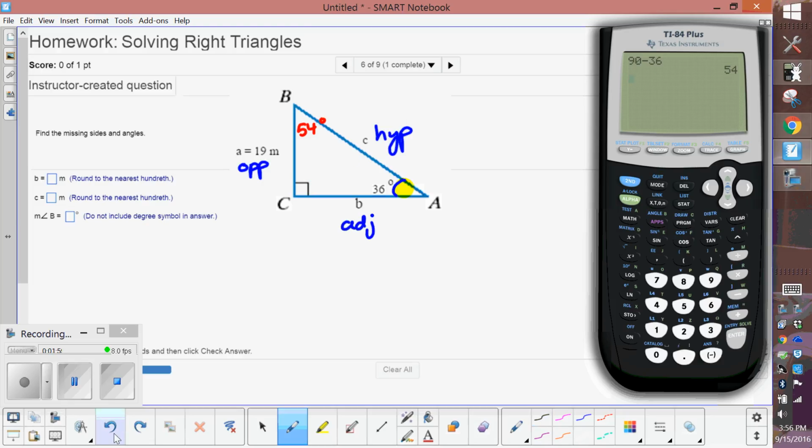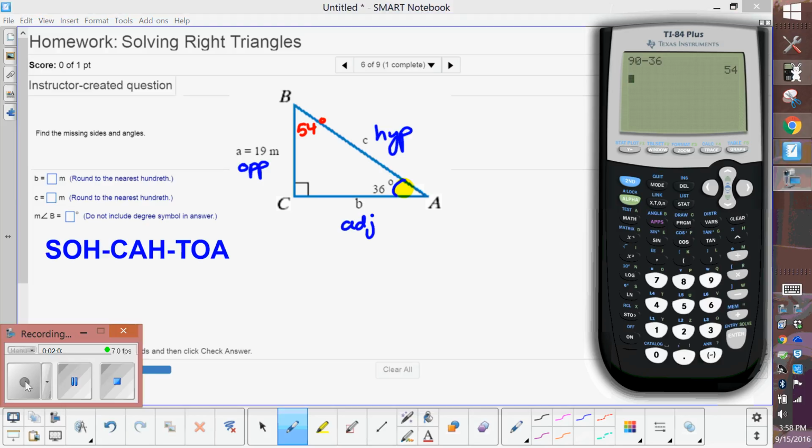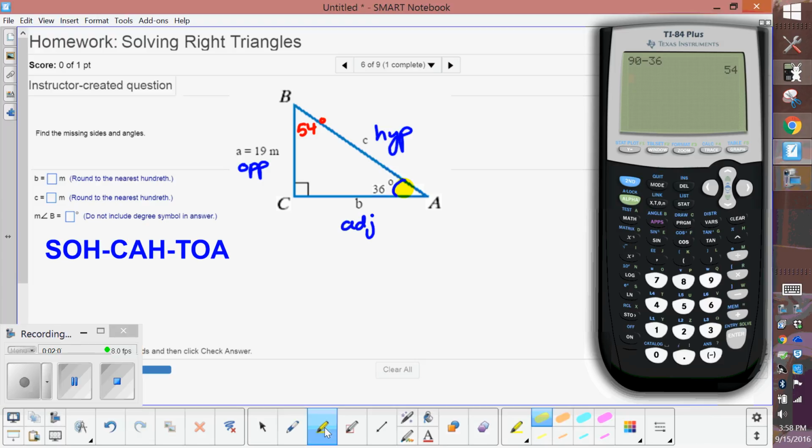All right, we're going to go ahead and find little b first. You'll notice I put the acronym SOHCAHTOA here. That stands for sine, cosine, tangent. And this is the acronym that's going to help us determine which one we need to use. From my reference angle, I know the opposite right here. And I am looking for little b, which is the adjacent.